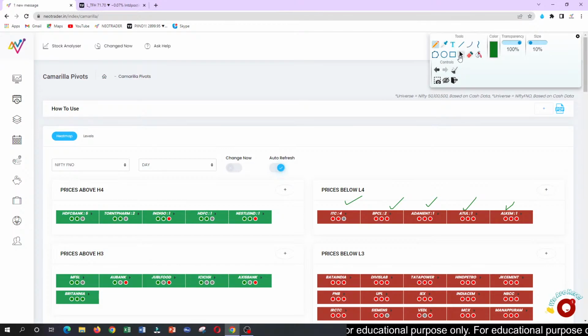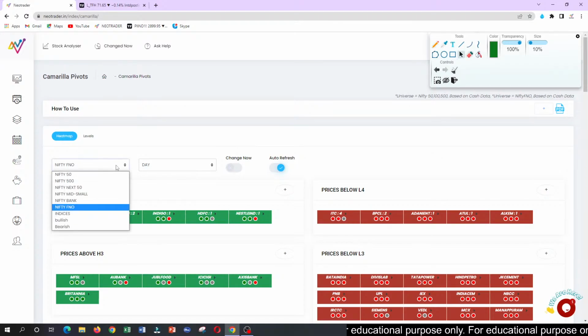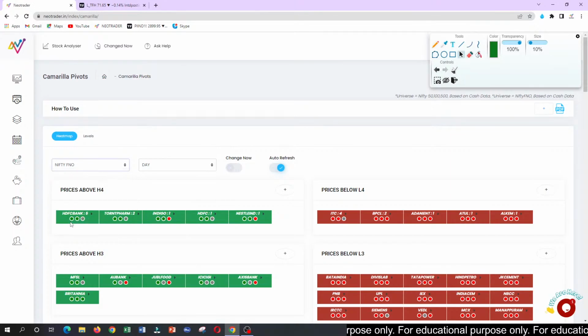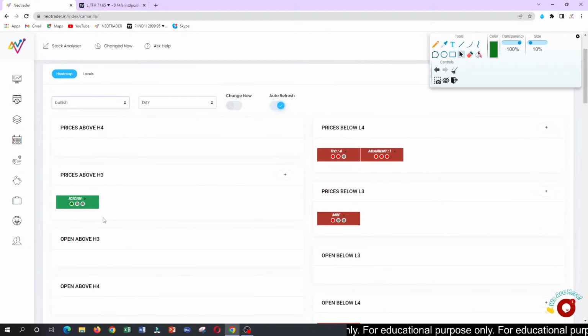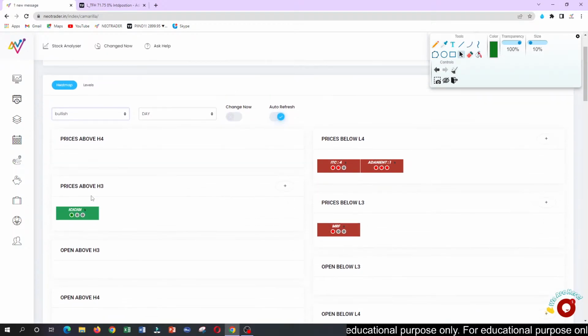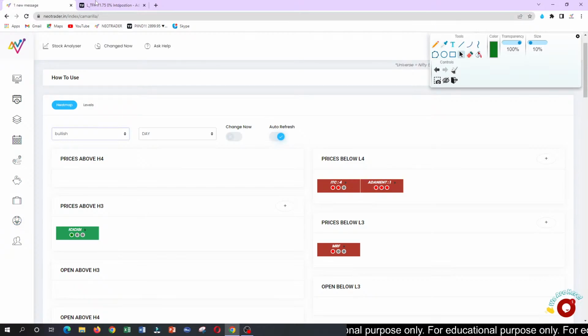Okay, what I'm going to do first is, what will I do now? I'll not look at this page fully for now. I'm going to make it bullish first. I only find ICICI GI in price above H3, right?